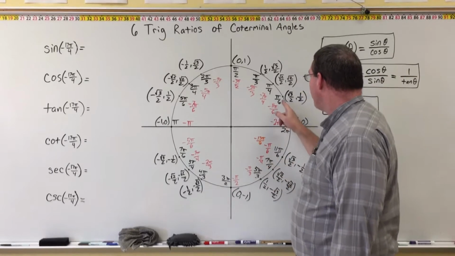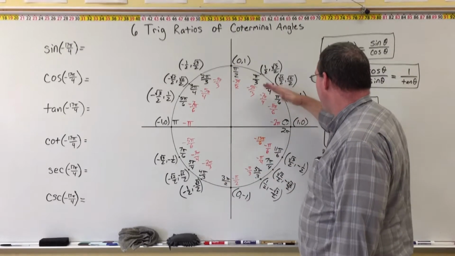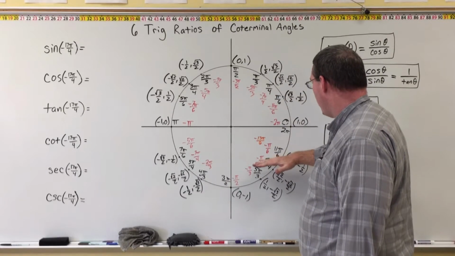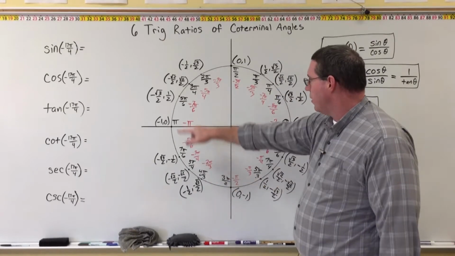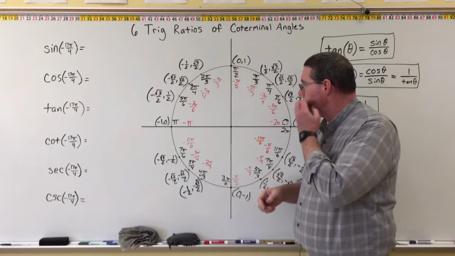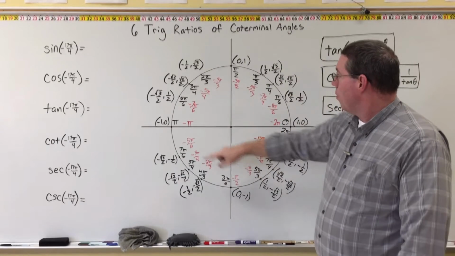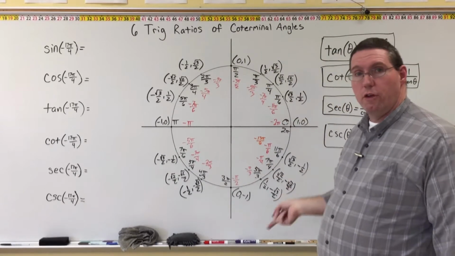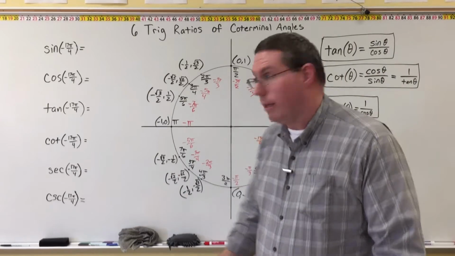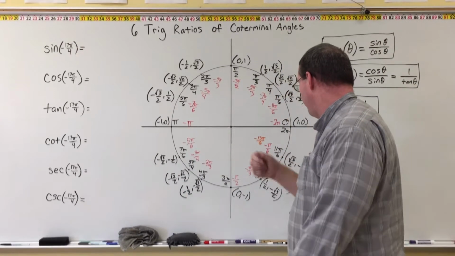And so whatever you went around on the positive can then be reflected across the x-axis and going around this direction. Okay? And so I just want to try and get in your mind this idea of how coterminal angles revolve around the unit circle infinitely in a positive direction and infinitely in a negative direction.